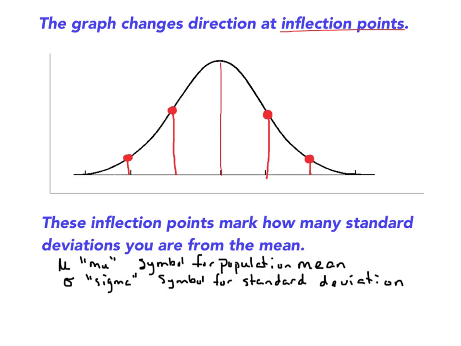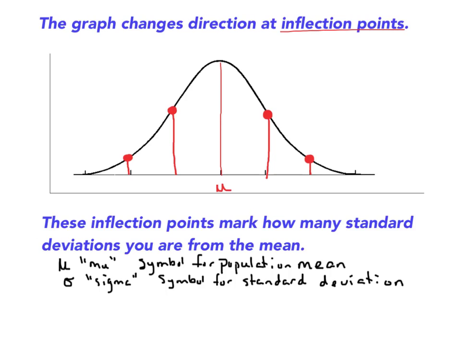And we use the symbol mu, which looks like a U, to represent the population mean. And the mean, notice, is directly in the middle, and it is the center where 50% of the data is above the mean and 50% of the data is below the mean.